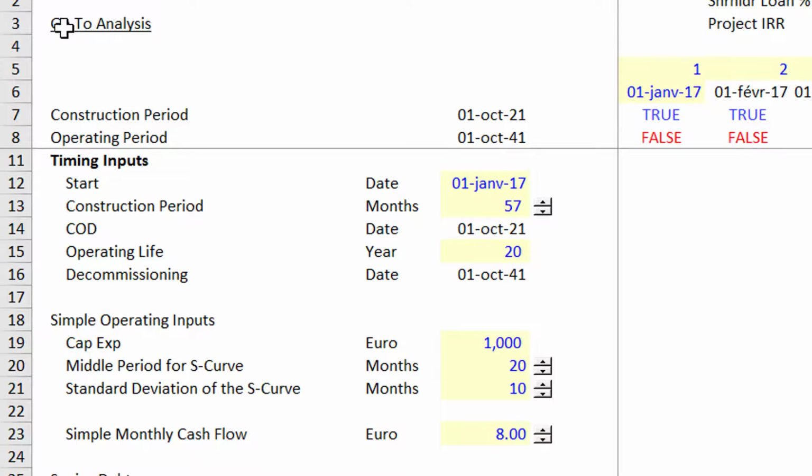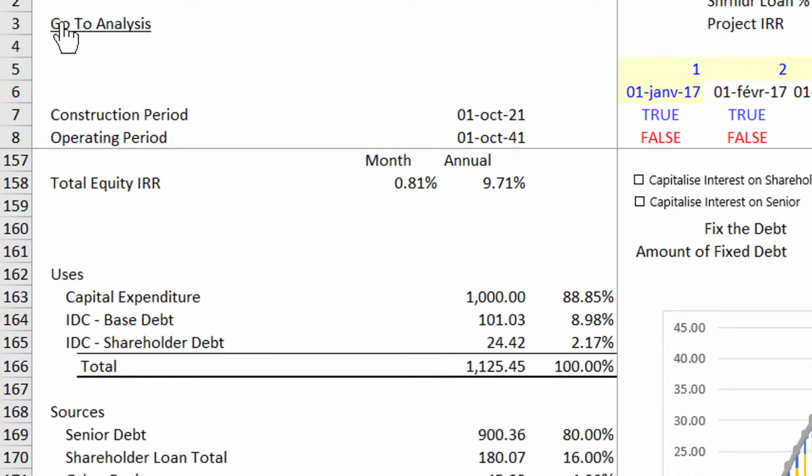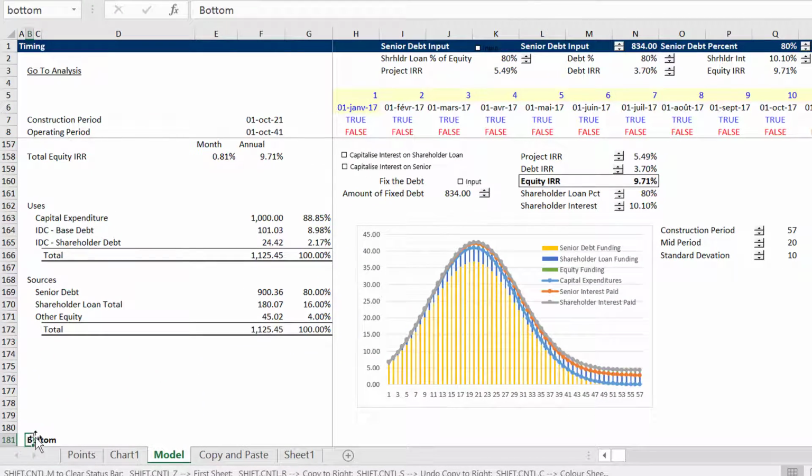Now, if you press this little thing called go to the analysis, it brings you down to a range name.